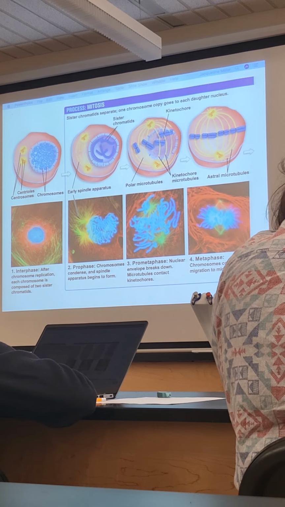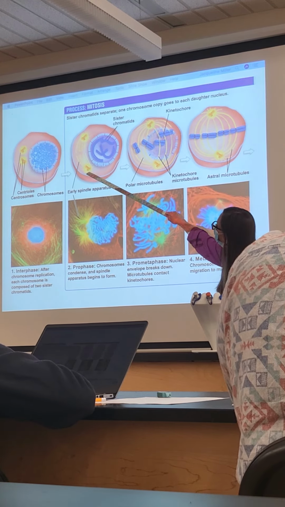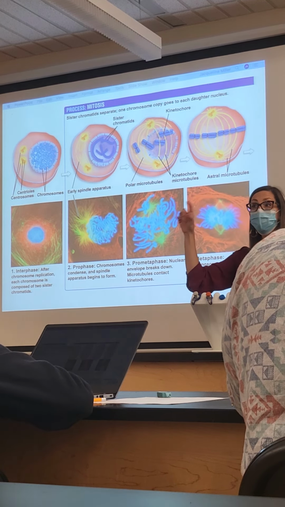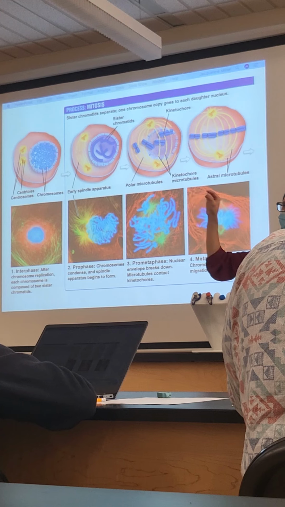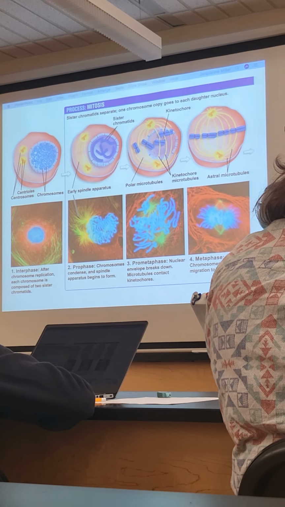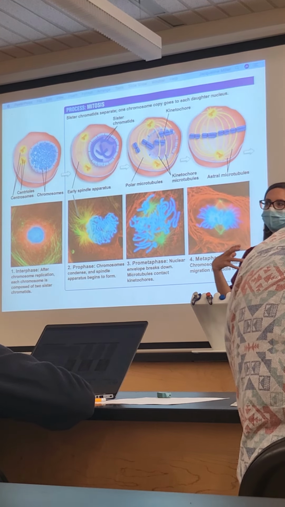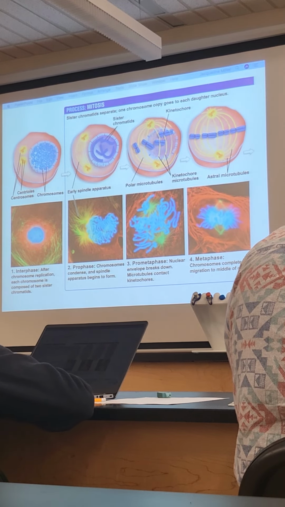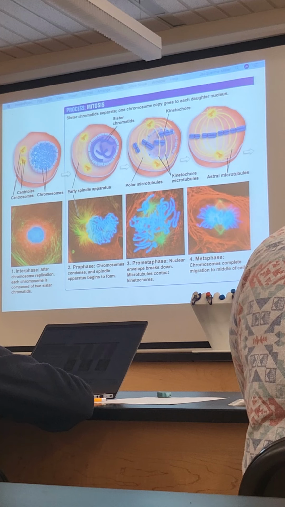The centrosomes will move apart. There's motor proteins that push them apart. They move to opposite poles, and they start to send out the mitotic spindle, which is the microtubules that are ultimately going to be attaching to the kinetochores.